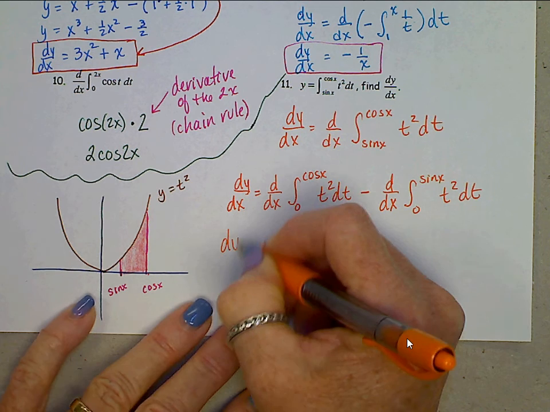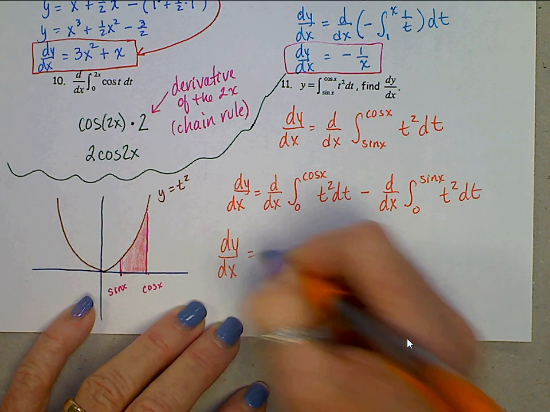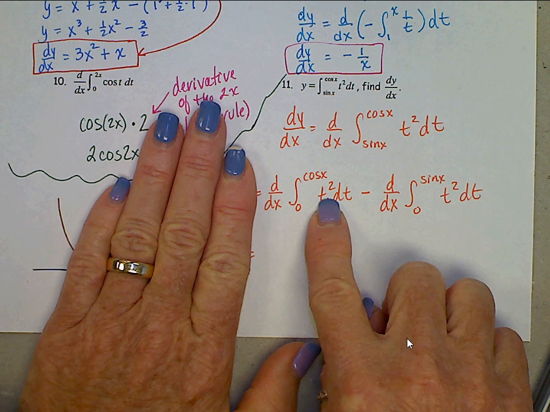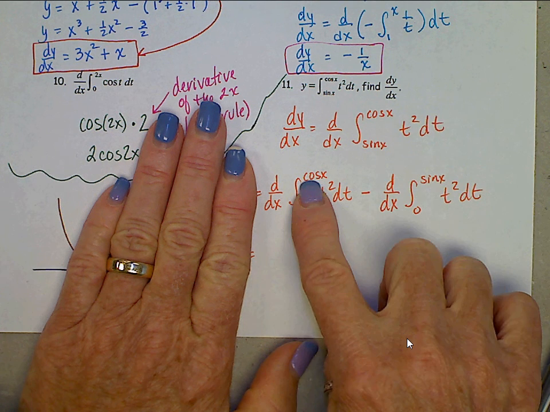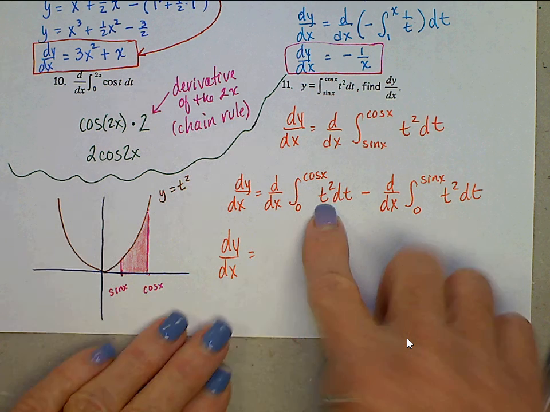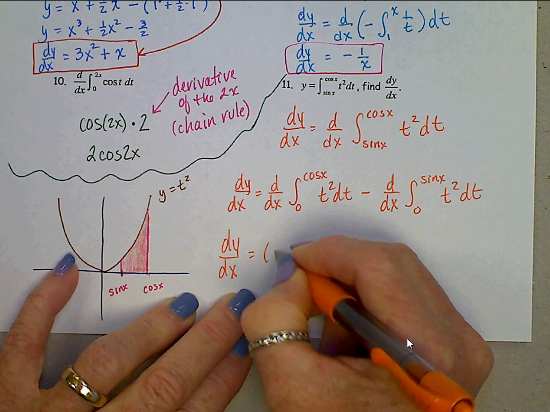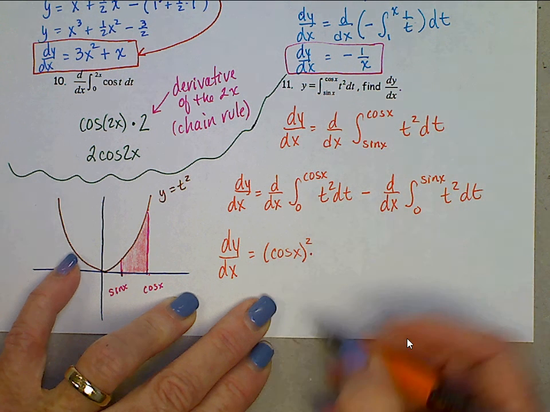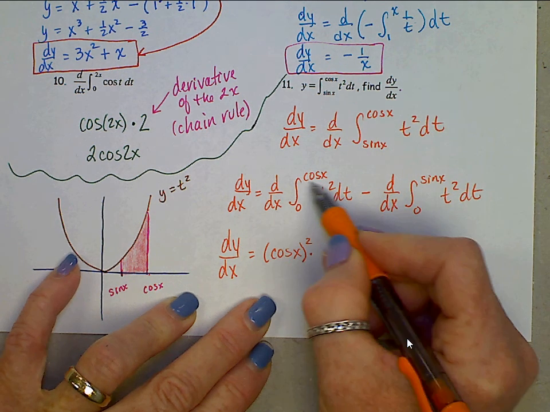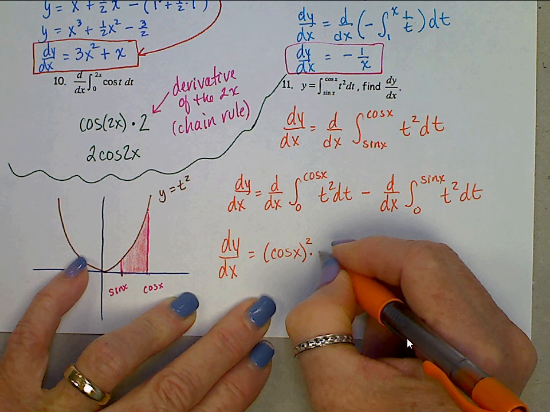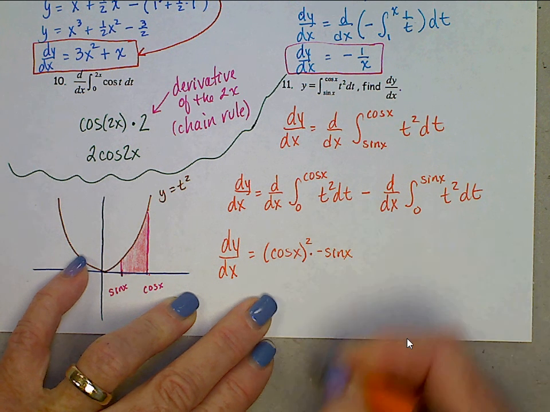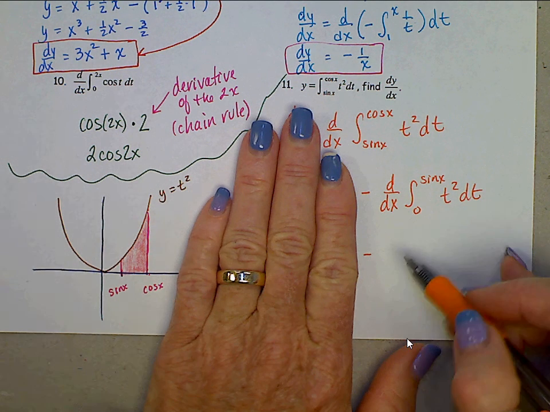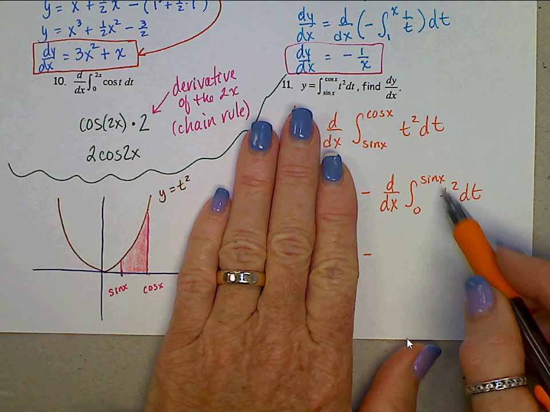Now we handle each piece separately. And we see this pattern. We're doing the derivative of an integral. So we can take that cosine x piece and replace out this t, which will give us cosine x quantity squared, but then times the derivative of the cosine. And the derivative of the cosine is negative sine. There's that first one. Looking at this second one here. Replace out the t, this time with sine.